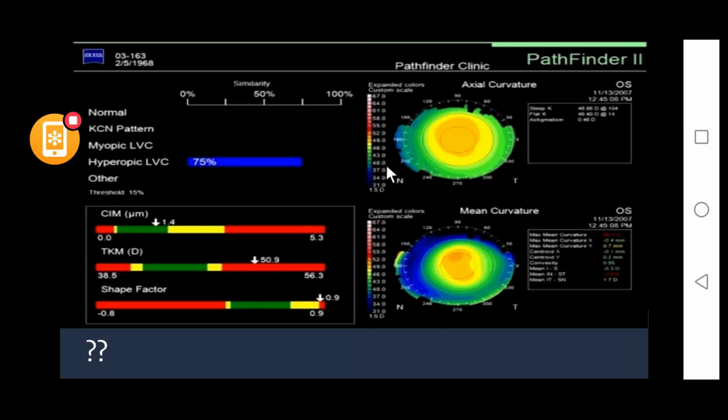When a LASIK for hyperopia is done, the central region is kept the way it is and the laser is applied in the mid-periphery. So the mid-peripheral region becomes flat and the central stays steep. As you can see over here, mid-periphery is flat, central is steep. So this will be a hyperprolate cornea. Hence it is a hyperopic LVC.